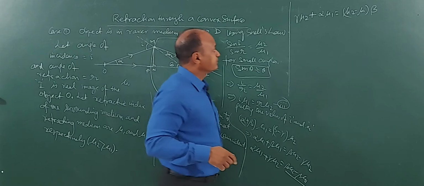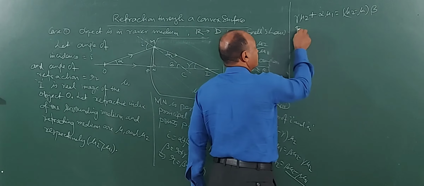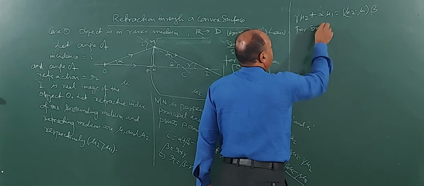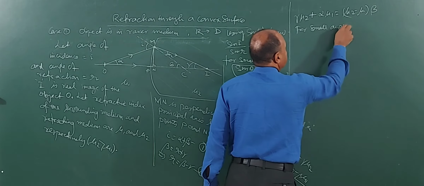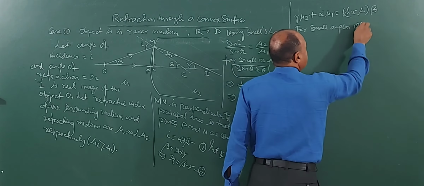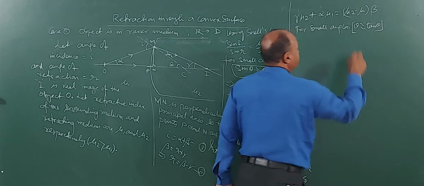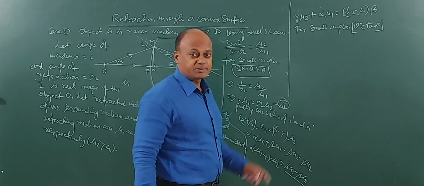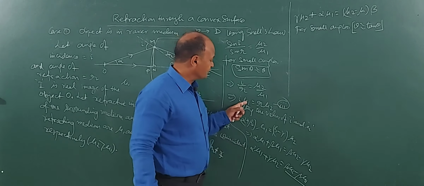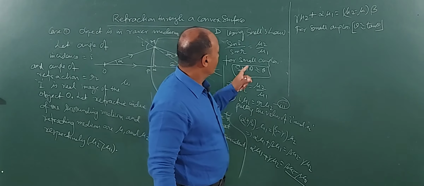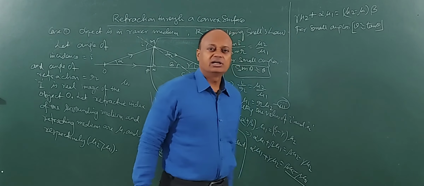So here I will be writing, for small angles, theta is nearly equal to tan theta. So this approximation, to remember, here I have used theta is equal to sin theta, and here I am using theta is equal to tan theta.